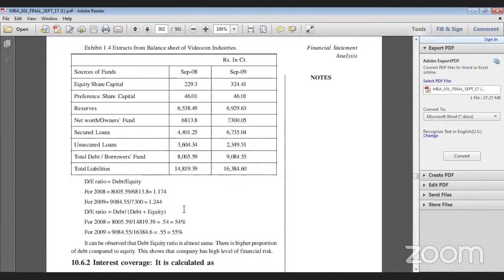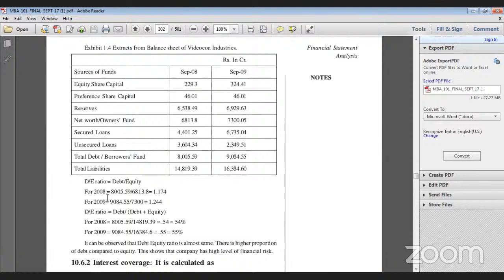What is debt and what is equity, they have given here. So 54% for 2008 and 55% for 2009.